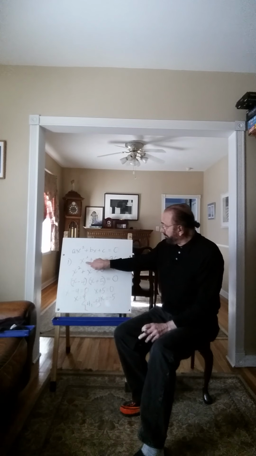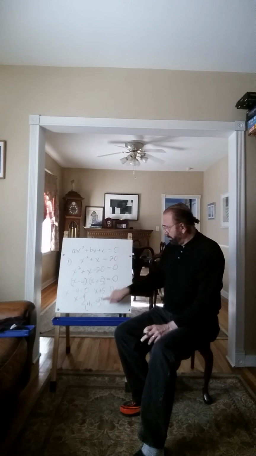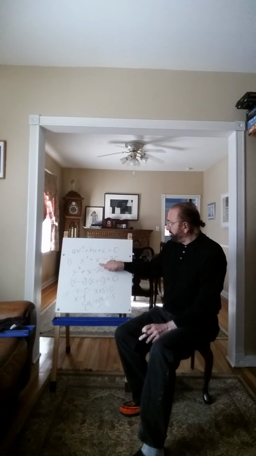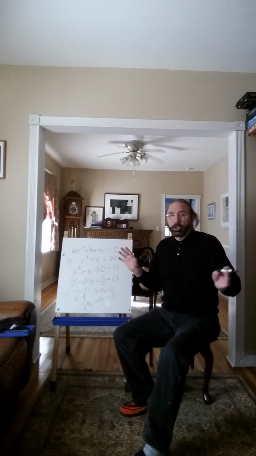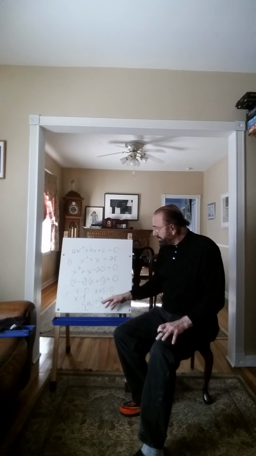Let's see. 4 squared is 16, plus 4 is 20. Negative 5, this is going to give me 25 minus 5, 20. I'm good.